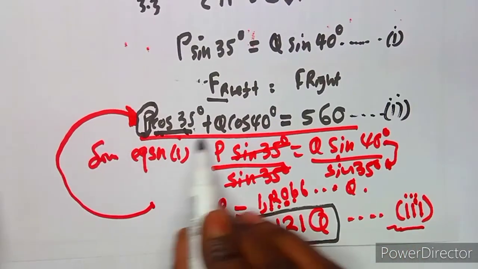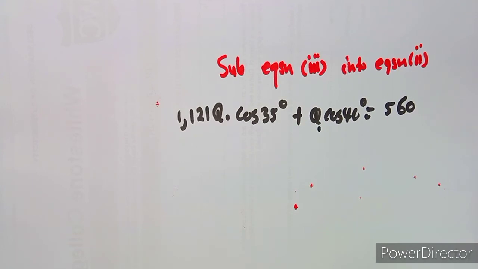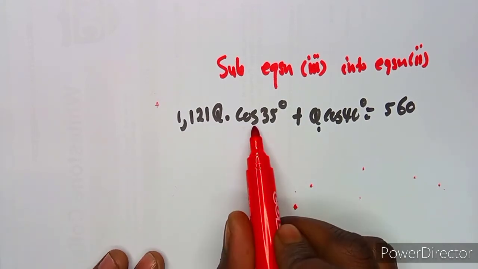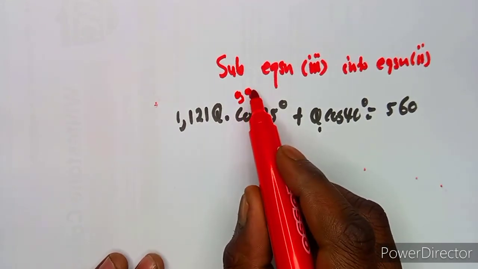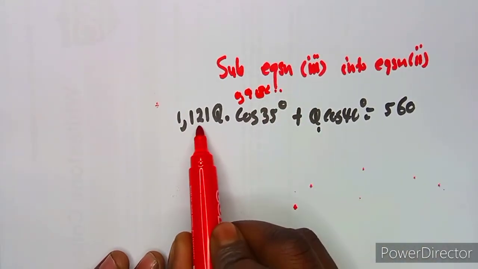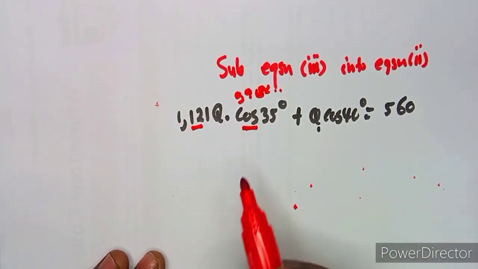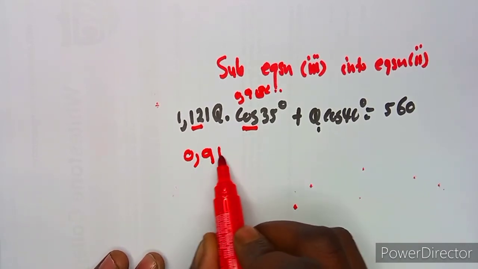So from this equation we can calculate the value of q. Let's simplify so that we can solve this one, guys. The first part that we need is to find the value of cos 35, which is going to give us something like 0,918. So you just multiply those two together and you're going to obtain 0,918.